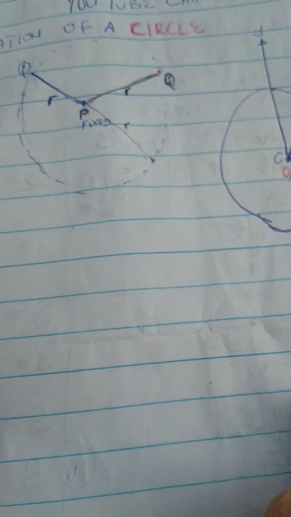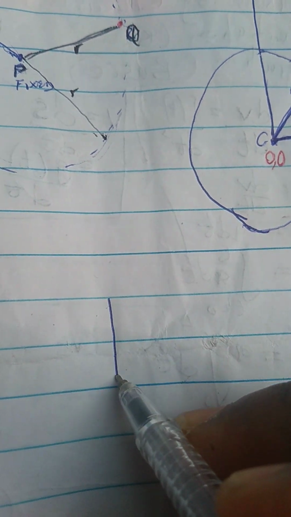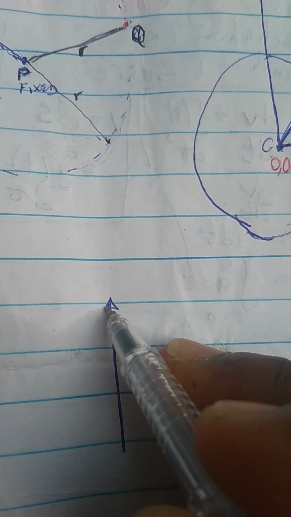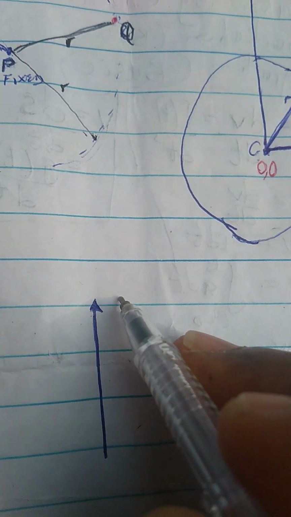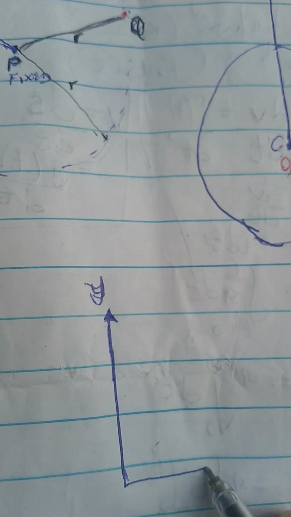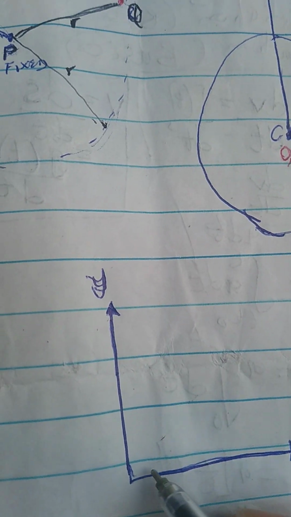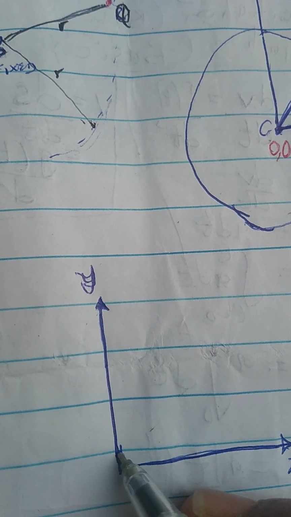Now, let's consider another circle that is not centered at the origin. Now, let's have the vertical axis. The vertical axis is for the ordinates. We call it the y-axis. And the horizontal axis is the abscissa. We call it the x-axis. They intersect at right angle.